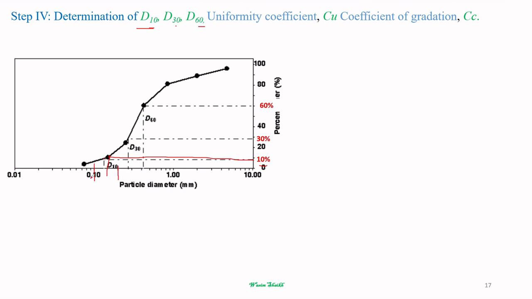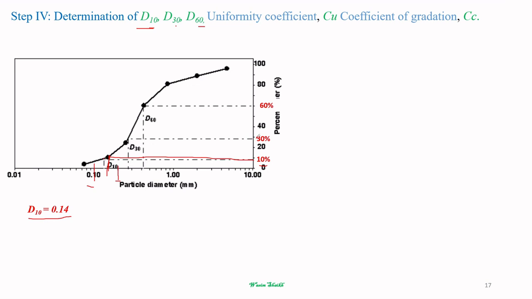So my D10 is somewhere between point 1 and point 2. So it is less than 0.2. So let's check. So this is the value of D10, 0.14. So this is how we determine the value of D10.